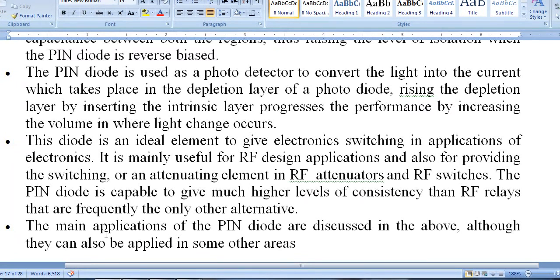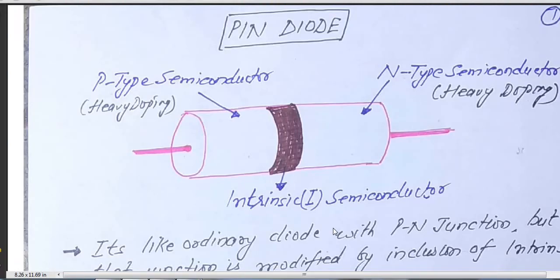So we have discussed some of the main applications of the PIN diode, although they can also be applied in some other areas. So friends, this is a brief discussion about the PIN diode.